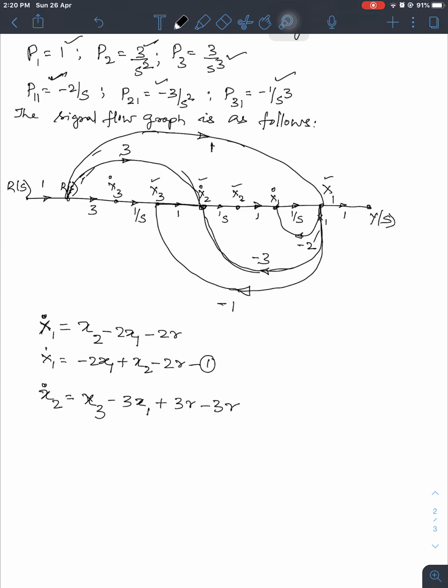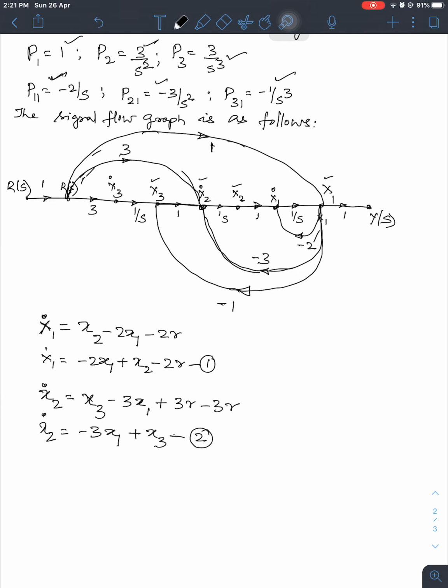These are the 4 things. Now if we group the terms, x2 dot becomes minus 3x1 plus x3 plus 0. There is no r term. Plus 3r minus 3r gets cancelled, and we get this as equation 2.